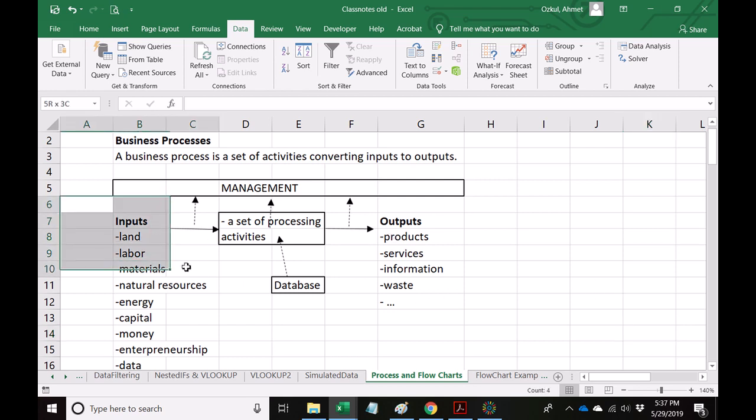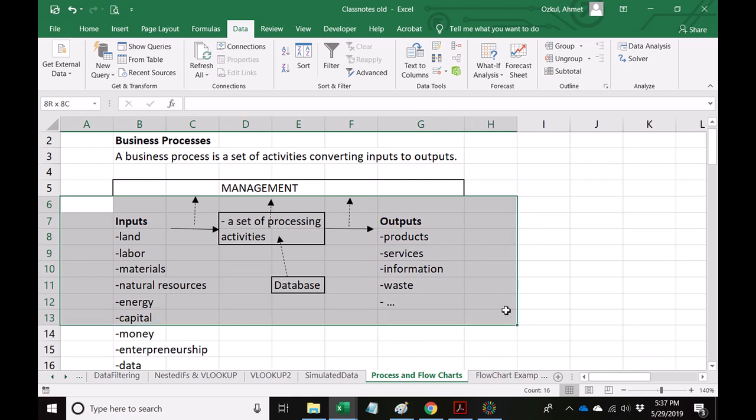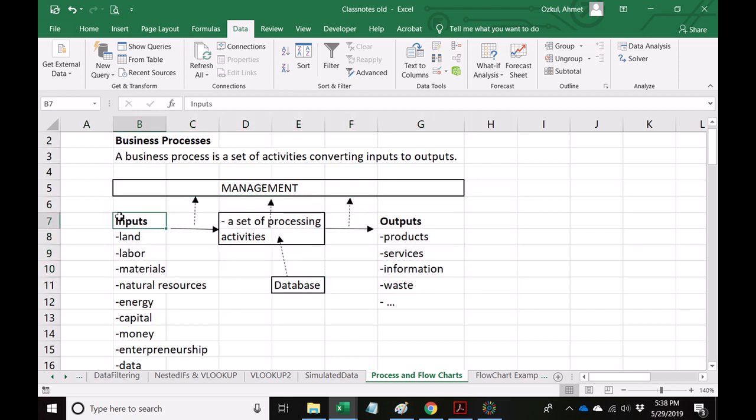Consider this illustration from here to here. The whole gray area represents a typical business process. So the inputs, a kind of black box, and outputs coming out of the box are considered part of the process. So the whole thing is a process.